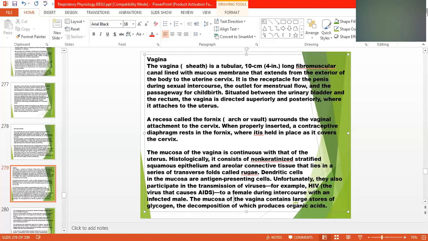And this vagina is attached to the cervix. And as we have seen, the mucosa of the vagina is continuous with that of the uterus.